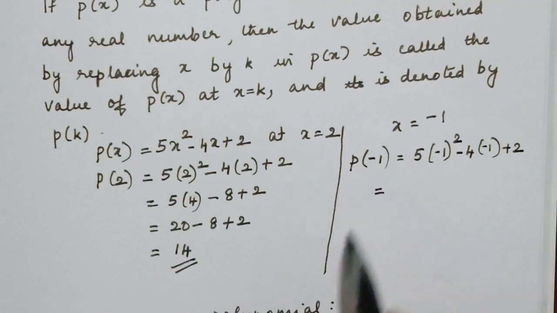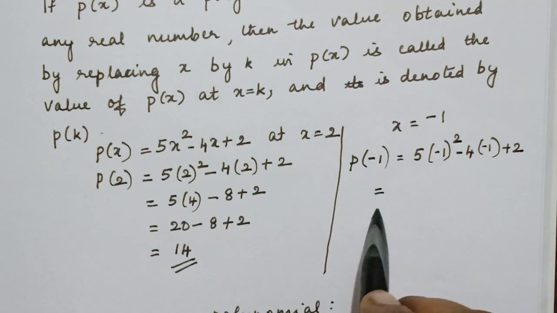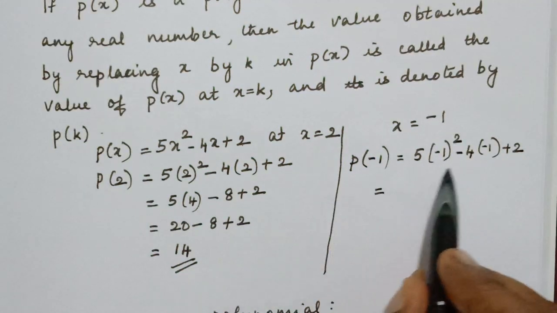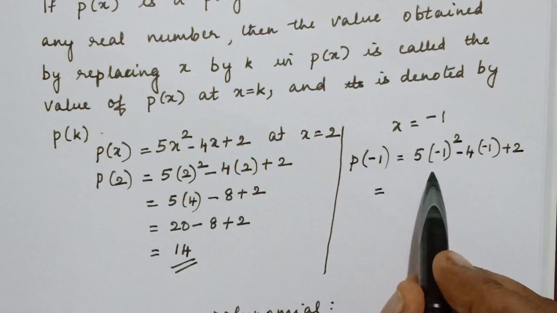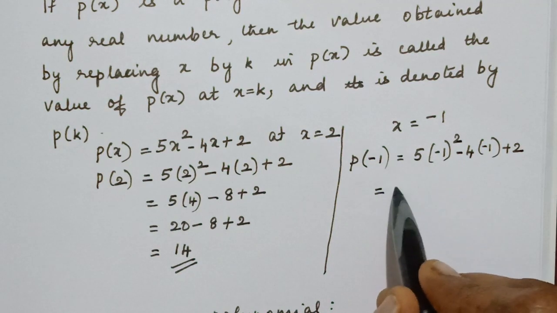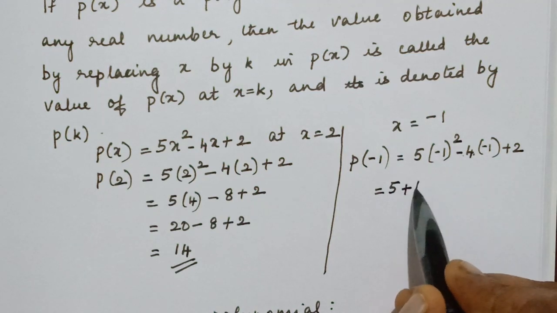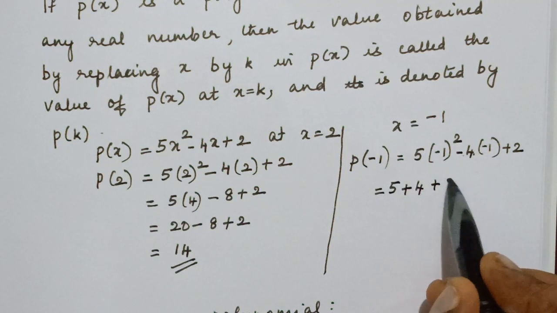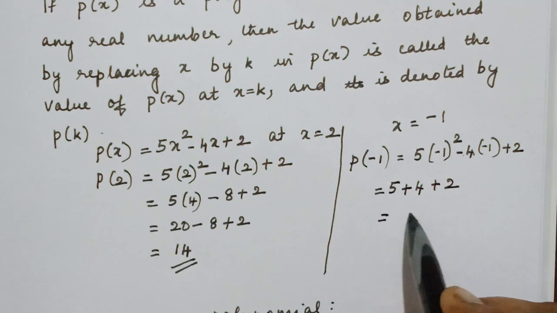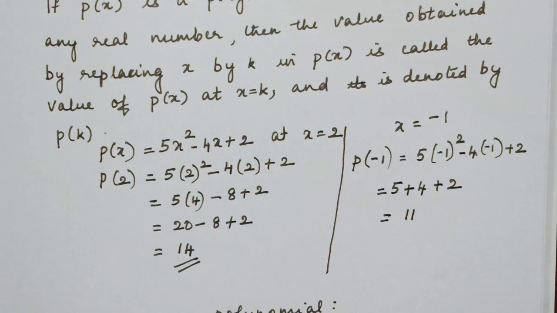Minus 1 squared is 1, so 5 into 1 is 5. And minus 4 into minus 1 is plus 4, plus 2. So you are getting the answer as 11.